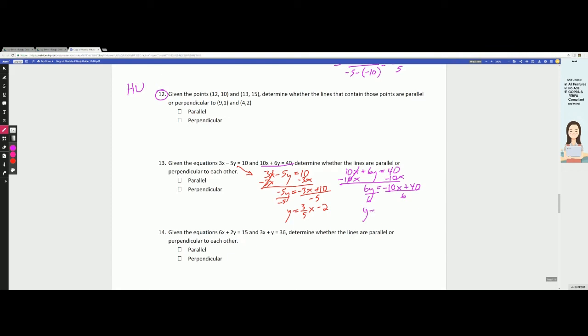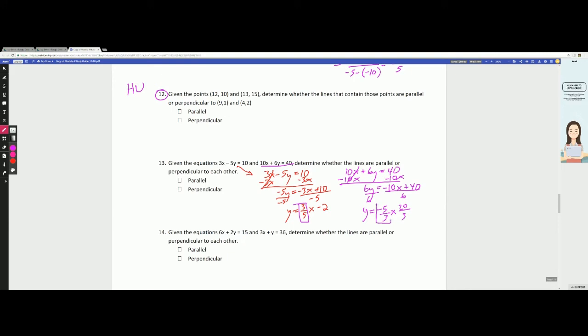So we're going to have y equals, looks like we have to reduce by 2's, so we have negative 5/3 x, and 40 divided by 6 looks like it's going to be left as an improper fraction. Can we reduce? Yeah, I think we reduce, so we have 20/3. Okay, what do you guys notice about the slopes?